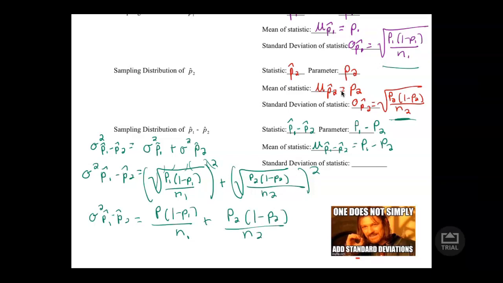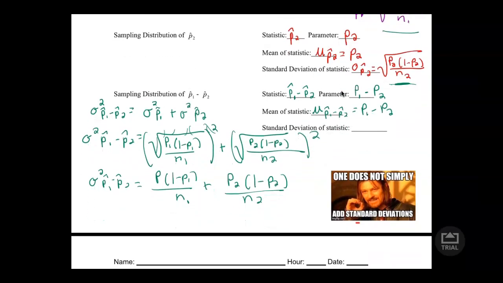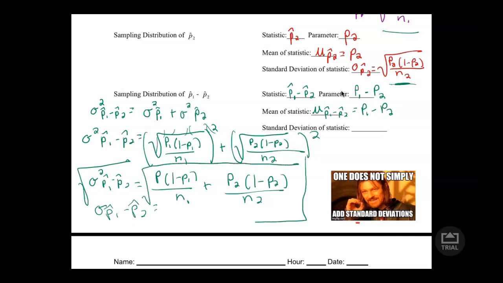Okay, so now, to solve this, we would just take the square root to get the standard deviation. The standard deviation of p hat 1 minus p hat 2 will be equal to the square root of this entire thing. Okay, so that would be our formula.